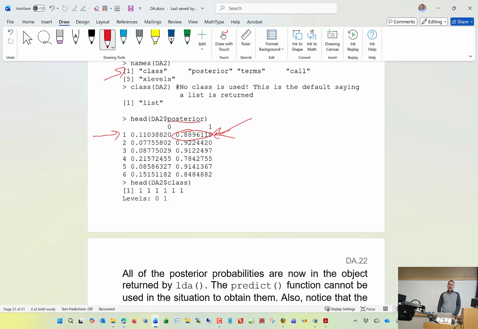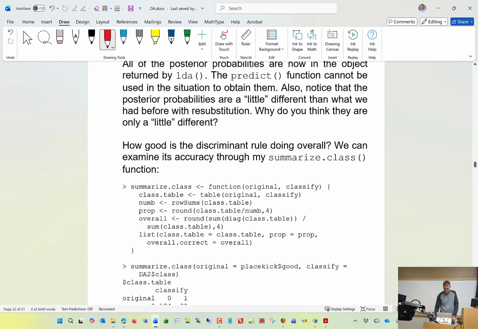That's why. And so that's where resubstitution in the end might not actually work that badly if you have a very large sample size. The class component of the list tells us, is this then predicted to be a 1 or a 0?